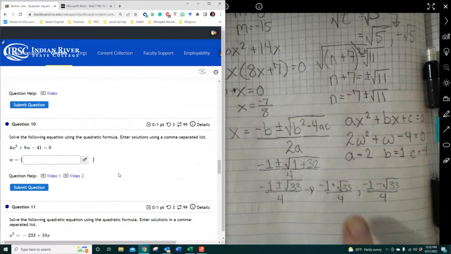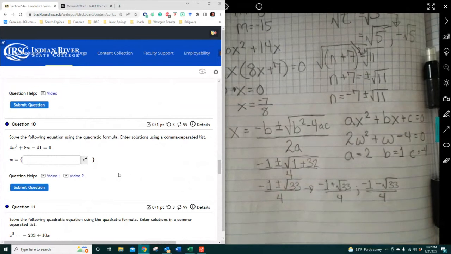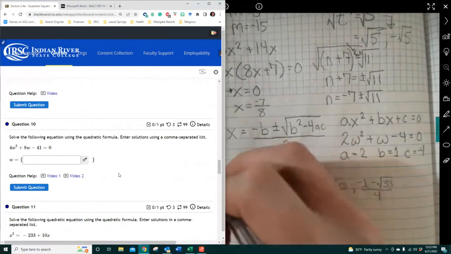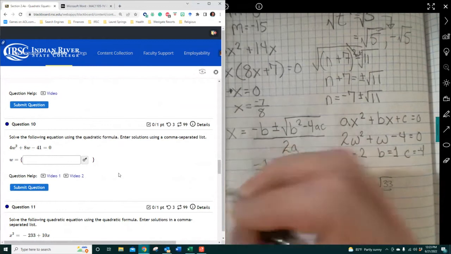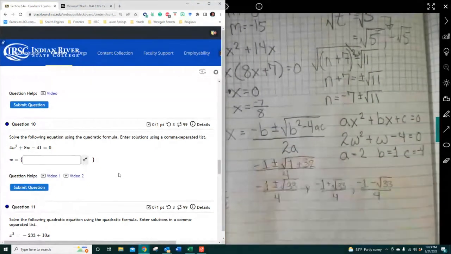If that was, let's say, 32, for example, rather than having the 1 added to it, 32 is the factor of 16 times 2, and the square root of 16 is 4. That could be simplified. So again, if it was the square root of 32, 16 can go into that 32 2 times. Therefore, this would be 4 radical 2.